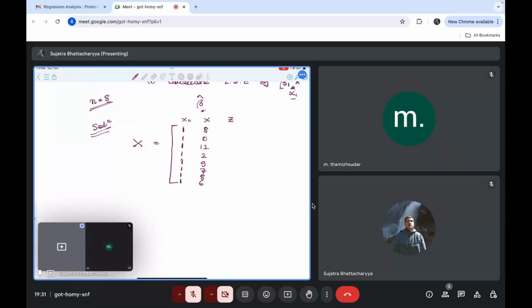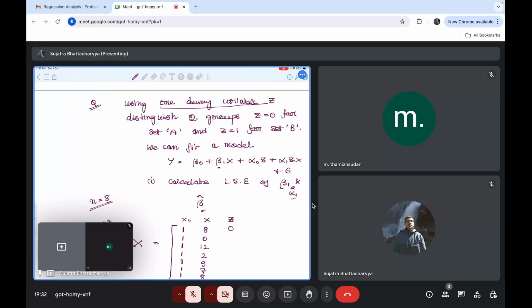Next is Z. How will you write it? You write 0 here. What you have here are alpha naught and alpha 1, so two things are there.